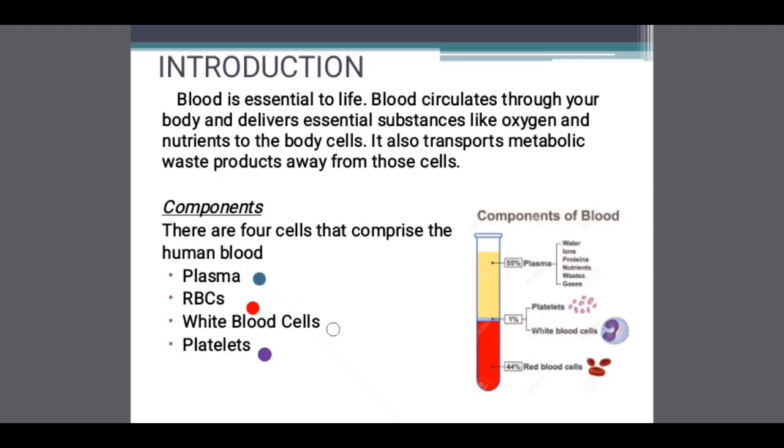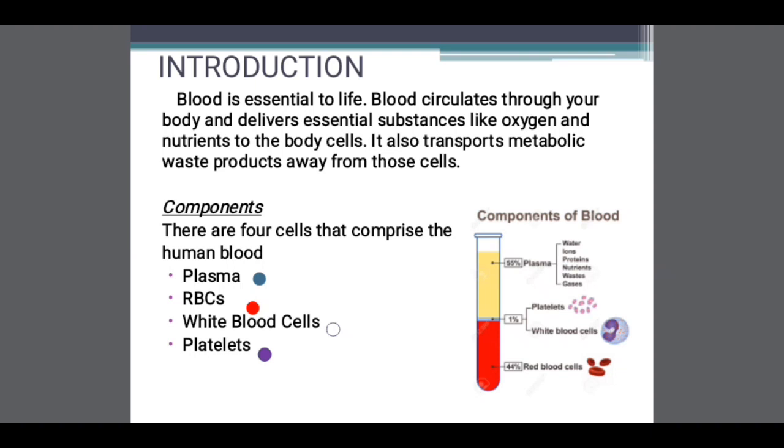As we all know, blood is essential to life, and blood circulates through our body and delivers essential substances like oxygen and nutrients to the body cells. It also transports metabolic waste products away from those cells. So there are four components that comprise the human blood.